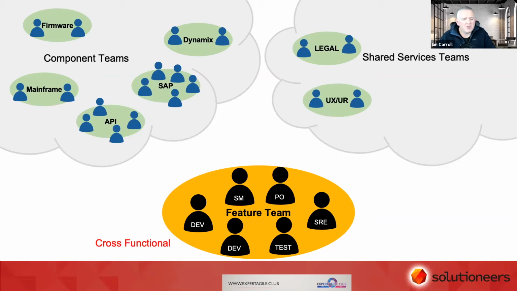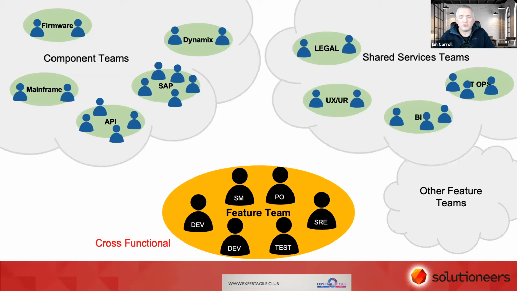But they may not have enough work to be embedded within your cross-functional feature team. Business intelligence, again, often have their own set of internal customers that they're servicing, building reports, loading data, managing data lakes, all this kind of good stuff. IT operations are really busy keeping the lights on and focusing on that side of things. And there are also other feature teams that you could become dependent on as well.